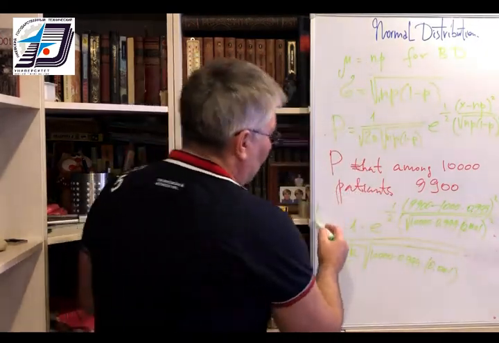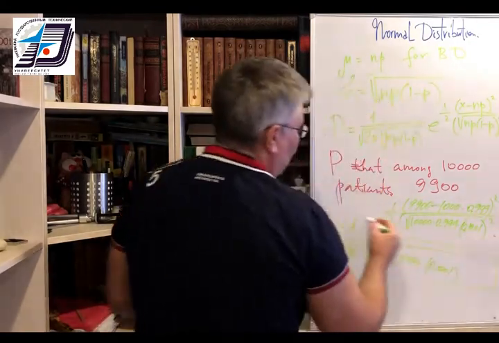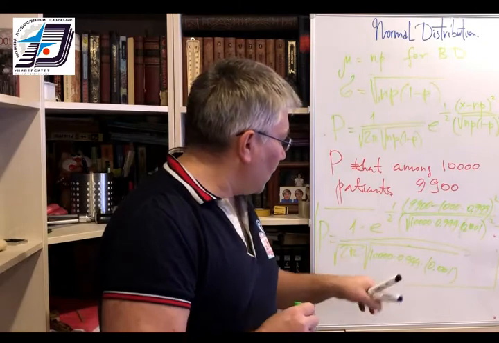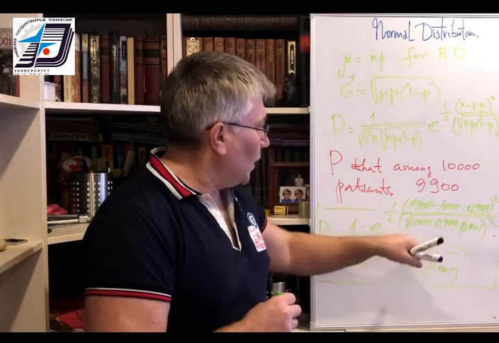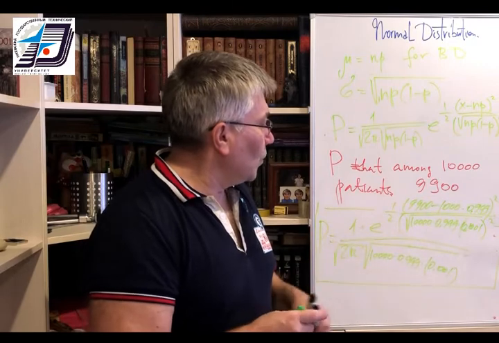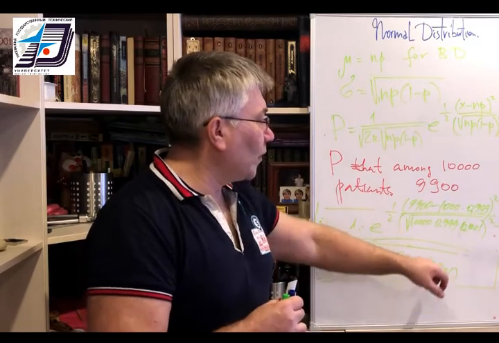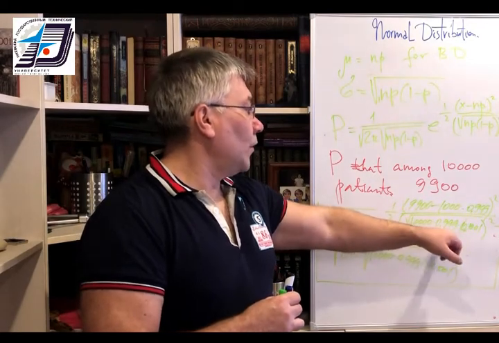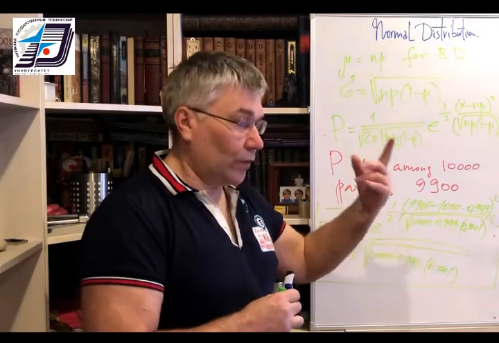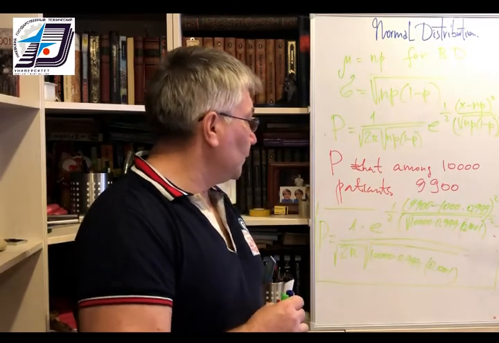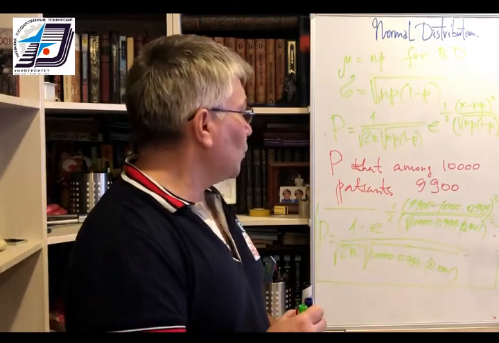So this formula gives you approximately the probability that among 10,000 patients, 9,900 will survive, when the probability of survival is 0.999. It is an approximation, but it works pretty well.